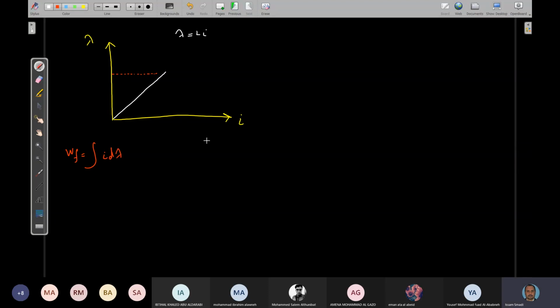So if this is the curve and I need to find the integration of I d lambda, recall that the integration is actually the area under the curve. So simply I'm discussing this area, correct? This is the integration of I d lambda at a certain point.